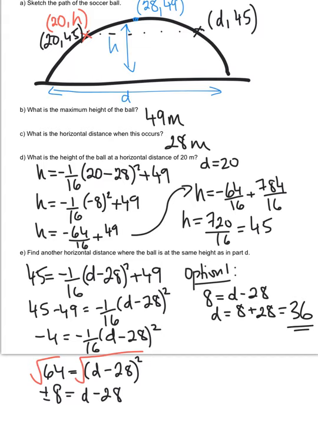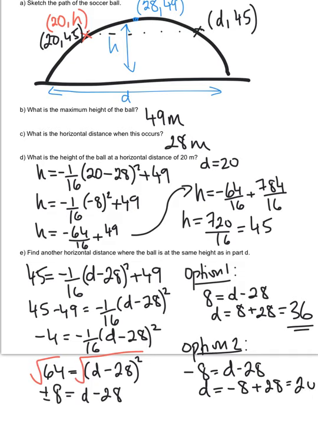So that is one of our options. And now let's look at the other option. So option 2 is going to be when we're looking at negative 8 and d - 28. So now d is going to be -8 + 28, which is equal to 20.